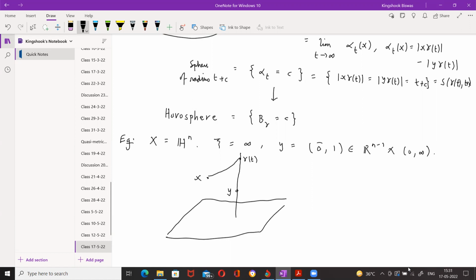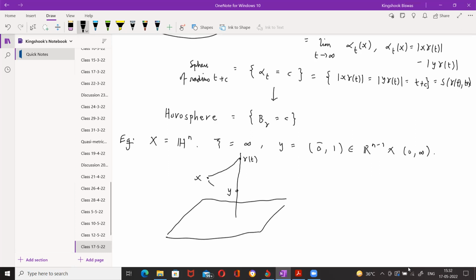So look, at time t, the level set of alpha t is a sphere of hyperbolic radius t plus c, a large sphere. Suppose x lies on the same sphere.